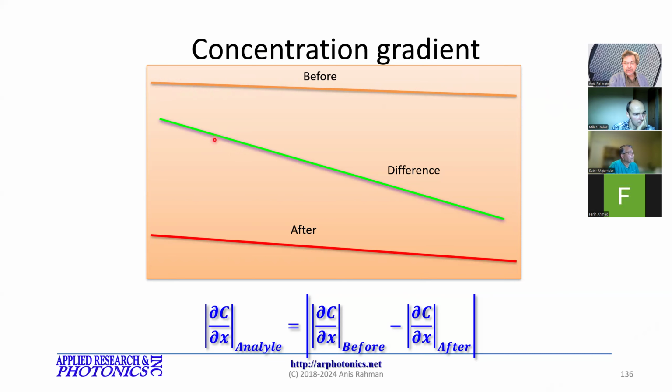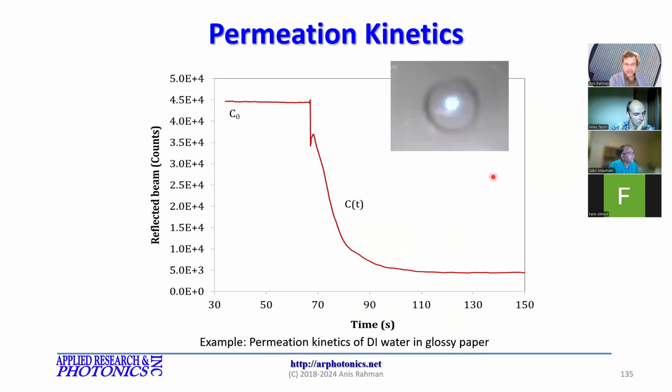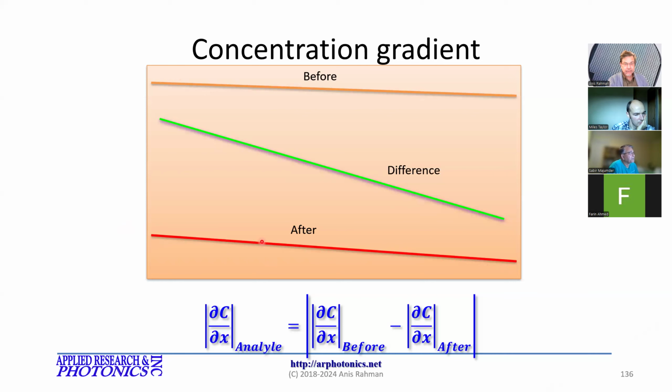Then we do the kinetics experiment and allow it until saturation. And we wait until saturation. At saturation, we know permeation has been completed. And then we do the depth scan again. So the depth scan before and depth scan after gives us the concentration gradient across the thickness of that substrate. And again, that substrate can be just about anything, including human skin.